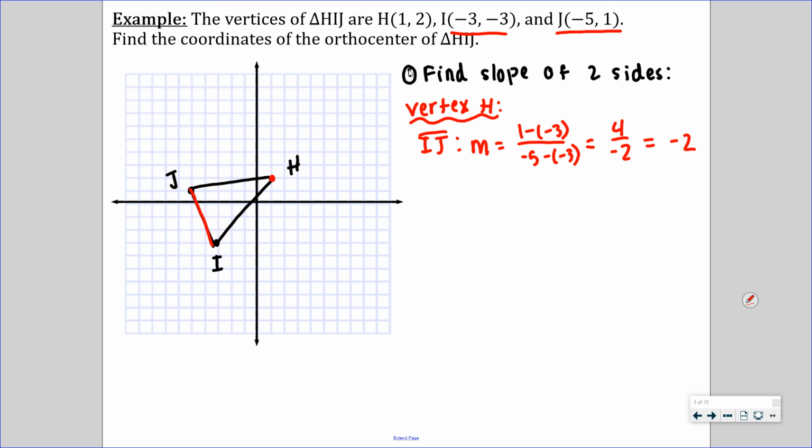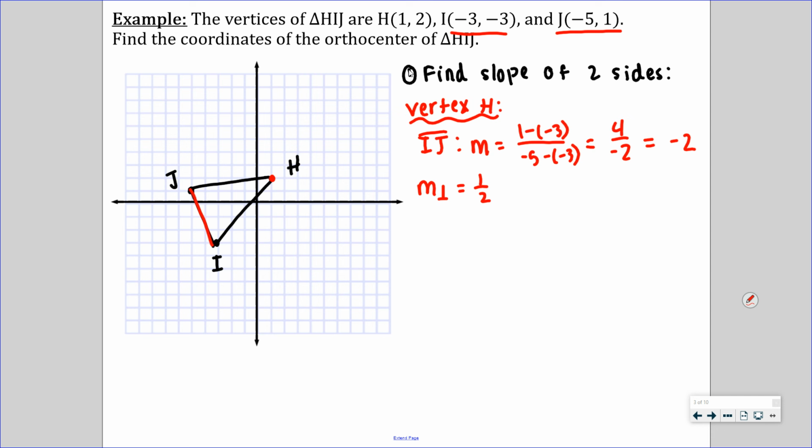Yeah. If I read it like a book, left to right, it's going downhill. Okay, remember slope? Down. All right. So if that line has a slope of -2, what would the perpendicular line have a slope of? Nice. Positive, opposite, reciprocal, 1/2.